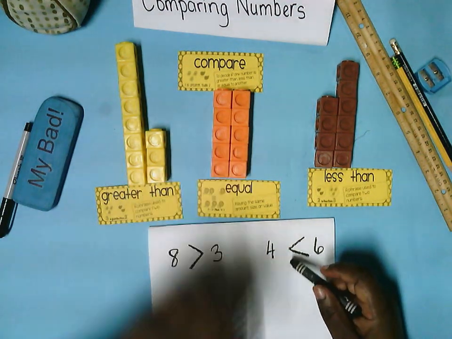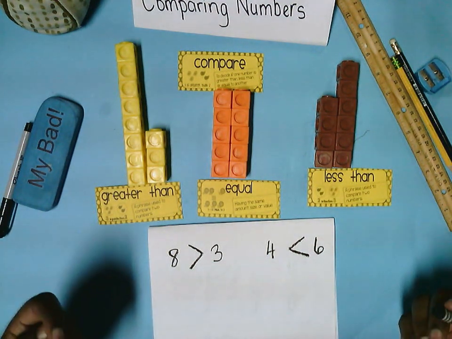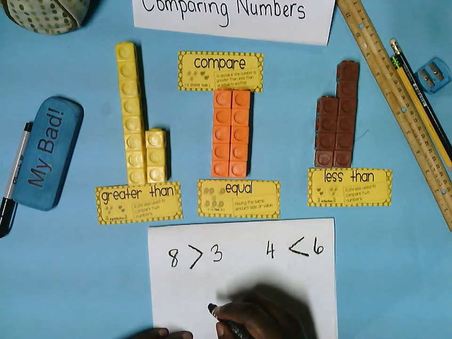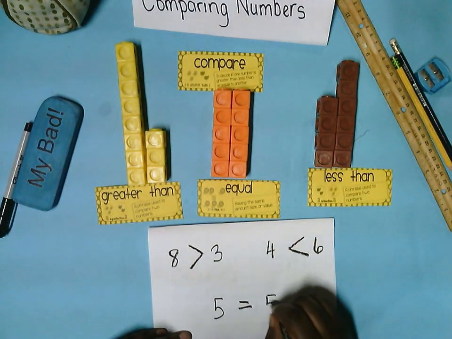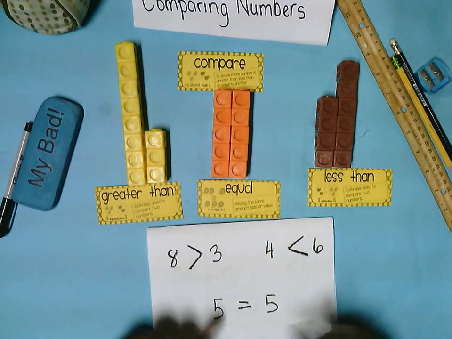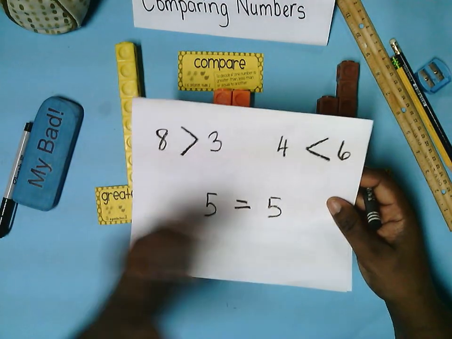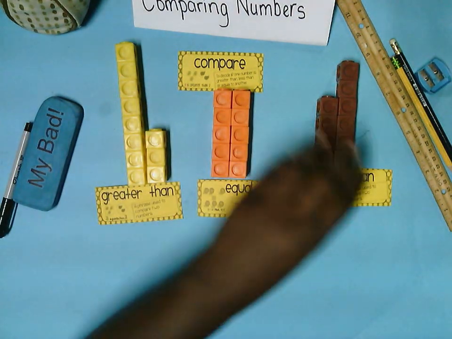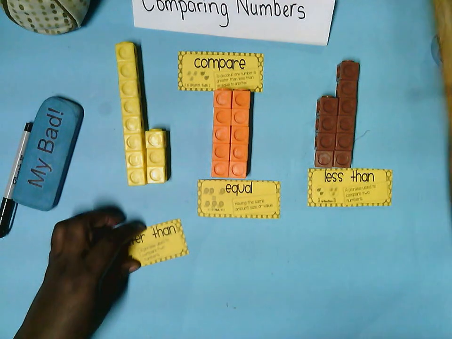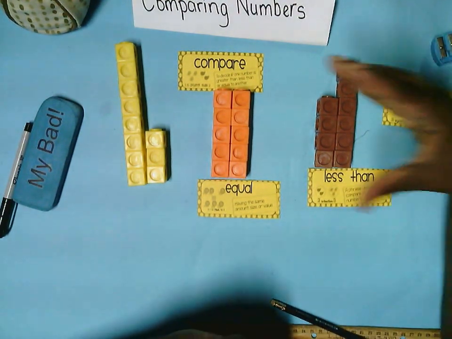Now, what about here? Well, we know equal because we remember equal from addition. So we use equal also in comparing numbers. We have 5 is equal to 5. All that means is that 5 is the same as 5. They're equal. They have the same value. So, greater than means the alligator's mouth is open.